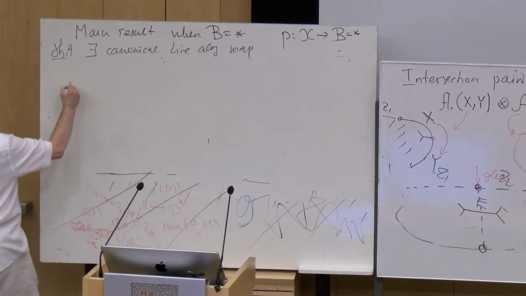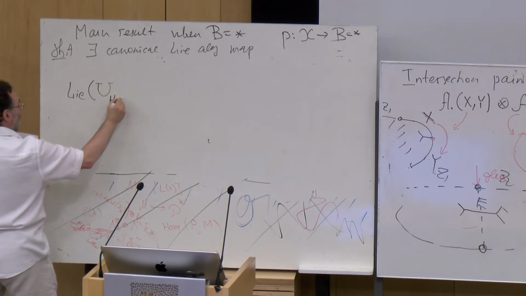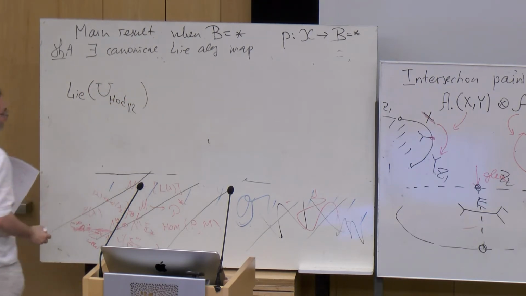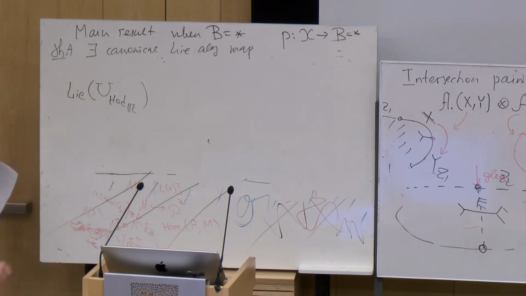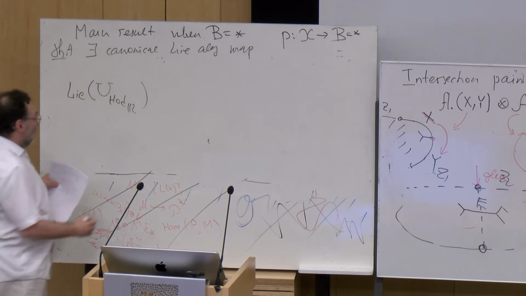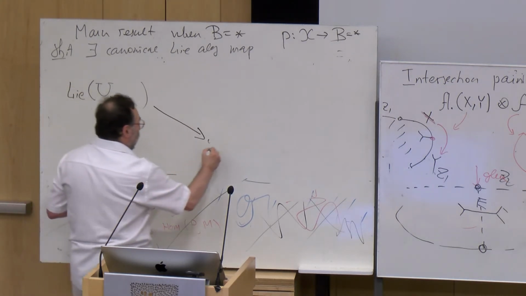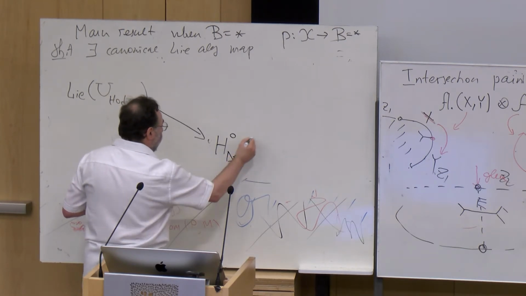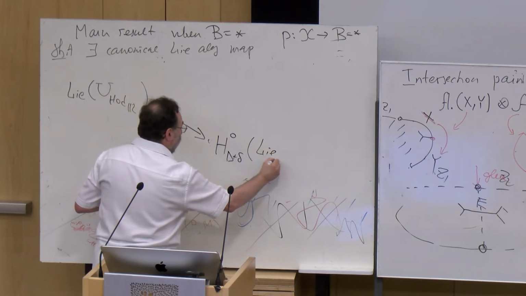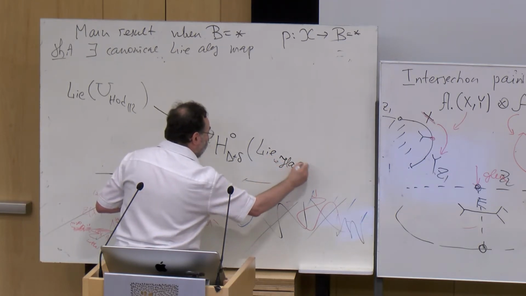from where? So you take the Lie algebra of the Hodge-Galois group. Now, surely you forgot, so I remind you that we have this Hodge-Galois group. And this Hodge-Galois group has a unipotent piece, which I called U-Hod. And so you take this Lie algebra. So the claim is that there is a canonical map of this Lie algebra to the one on the bottom. So the Lie algebra with respect to H0 of this Lie A. Lie not A, but now this is this harmonic category I was talking about.